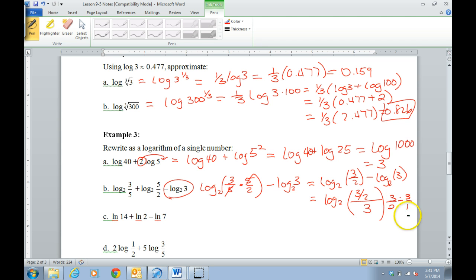That's like saying 3/1, right? Is the same as saying 3/2 times 1/3. When you divide a fraction, you multiply by its reciprocal. The 3's cancel. So the answer of this is log base 2 of 1/2.